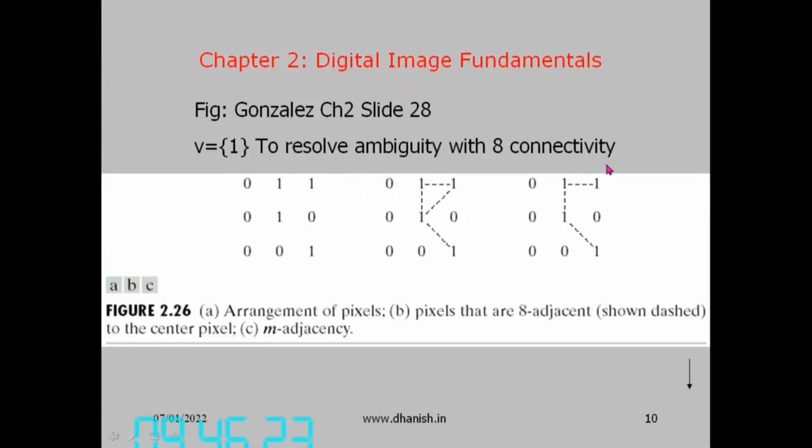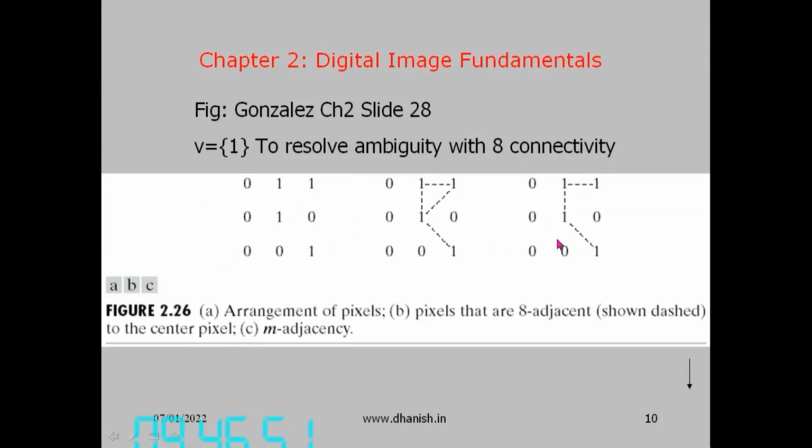We want to solve the ambiguity with the adequate connectivity. Here is an arrangement of pixels. For 4 connectivity it is simple, either vertical or horizontal neighbors, so these two are 4 connected. For 8 connectivity, if they are horizontal, vertical or diagonal, they are 8 connected.